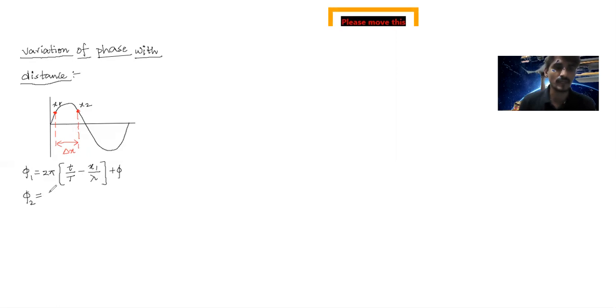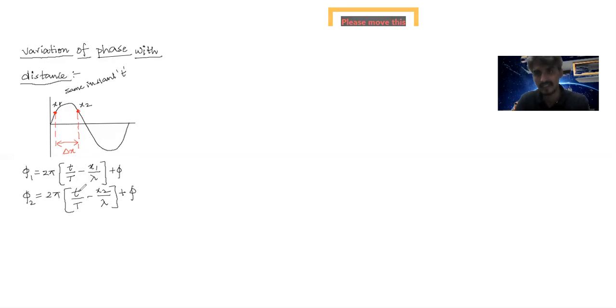Phi 2 can be written as 2 pi into small t by capital T minus x2 by lambda plus the initial phase, because at the same instant of time we are finding the change in position delta x. The initial phase does not change.